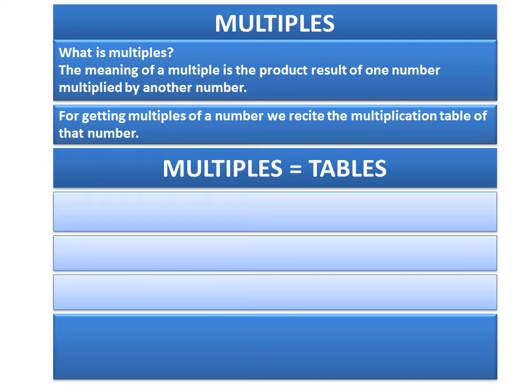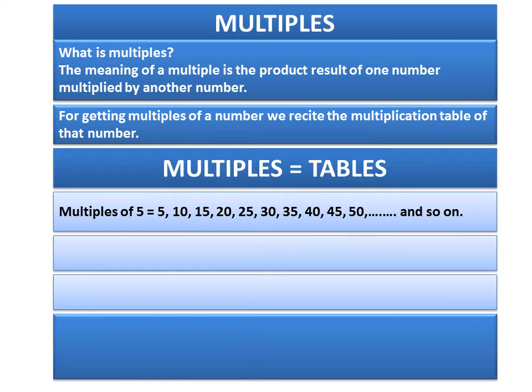For example, multiples of 5: 5 times 1 is equal to 5, 5 times 2 is equal to 10, 5 times 3 is equal to 15, 5 times 4 is equal to 20, and the list would continue forever. So the multiples of 5 are 5, 10, 15, 20, 25, 30, 35, 40, 45, 50, and so on.